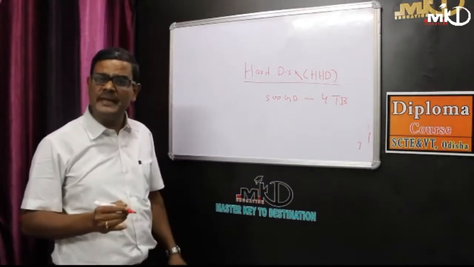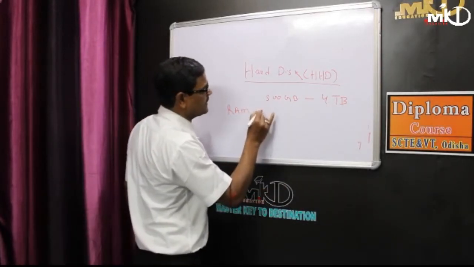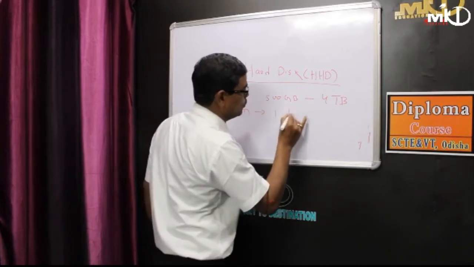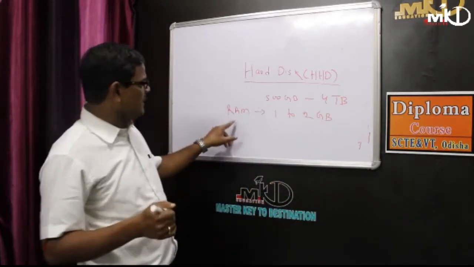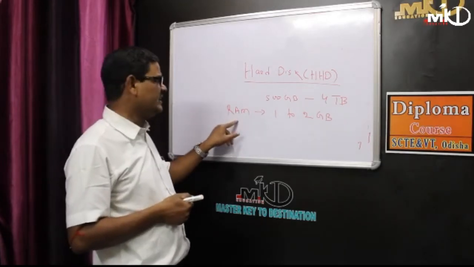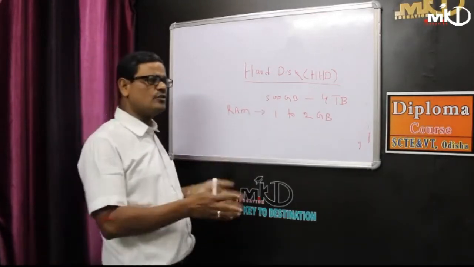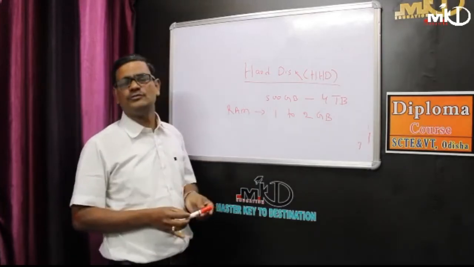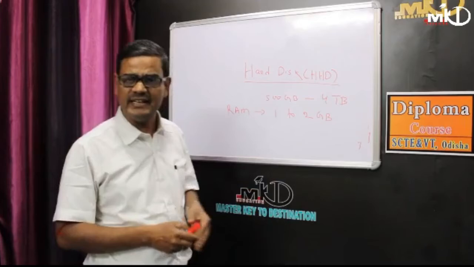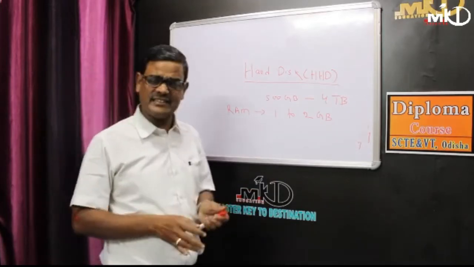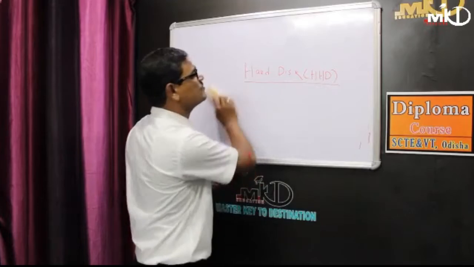But the primary memory, that is the RAM, has a capacity of 1 GB to 2 GB. Therefore, the RAM capacity is very much less than the secondary memory. So we can store a large amount of data as well as instructions in the secondary storage device permanently, but that is not possible in the primary memory.